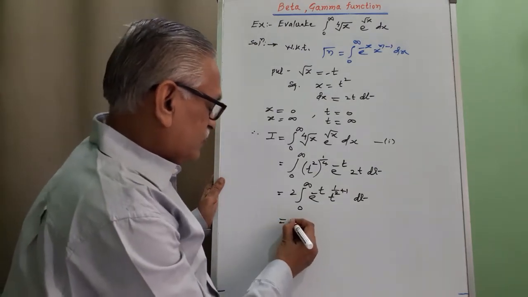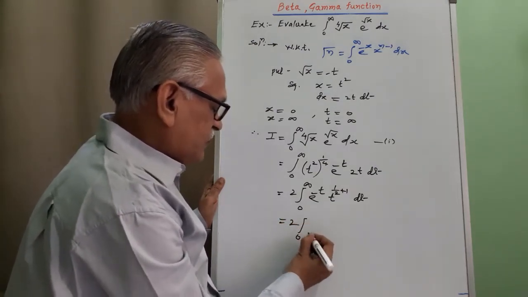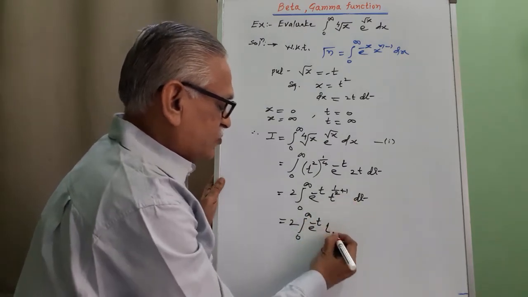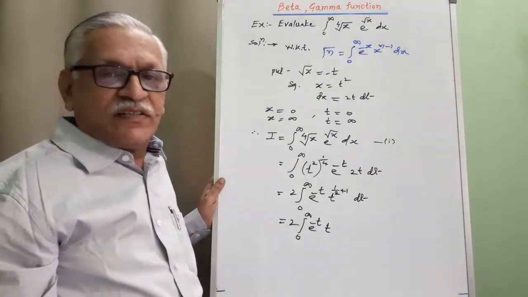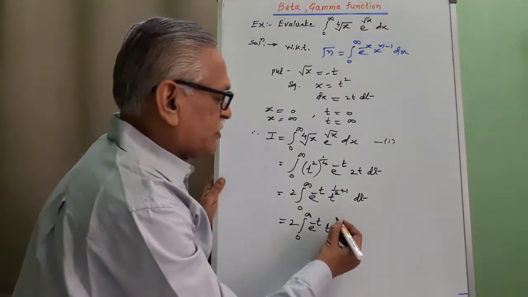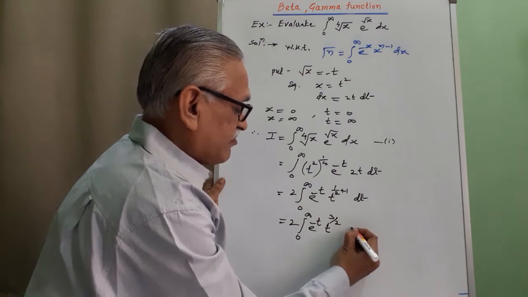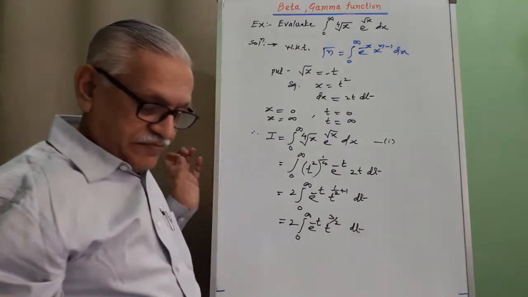It is 2 times integral from 0 to infinity e raised to minus t, t raised to 1 by 2 plus 1. Addition of this is 3 by 2. dt.